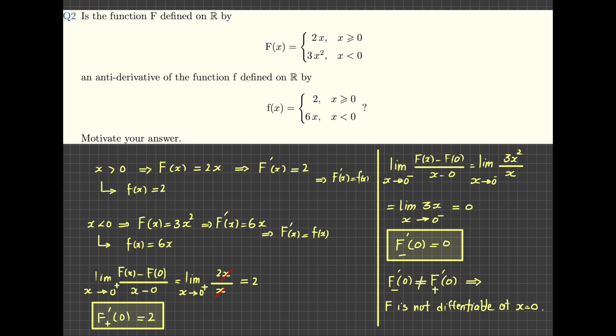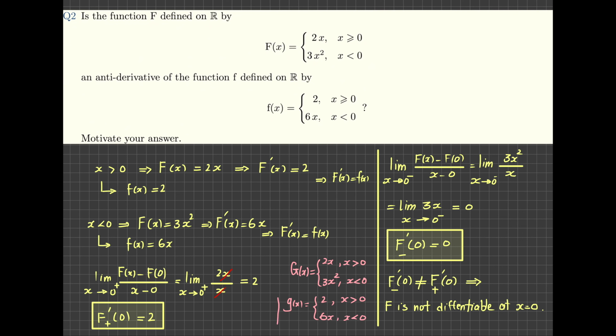But for example, if you want to, you can define a new function like this. Let me, for example, define capital G of x and write it as 2x if x is strictly greater than 0, and then 3x squared if x is strictly less than 0, and then I define a new function little g of x as 2 if x is greater than 0, and 6x if x is less than 0.